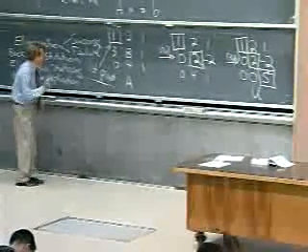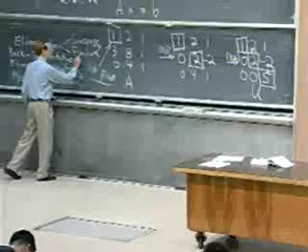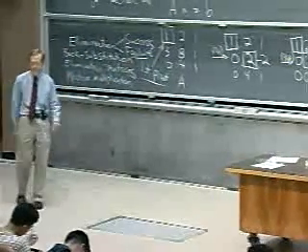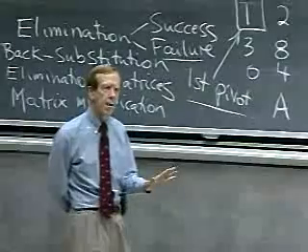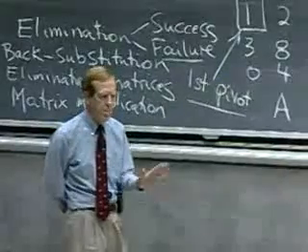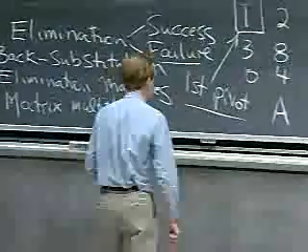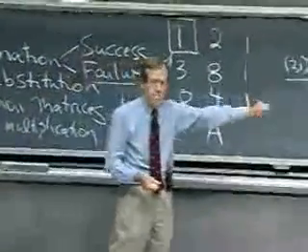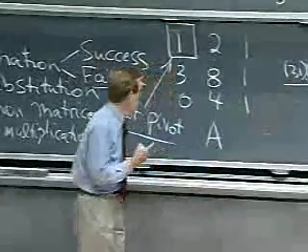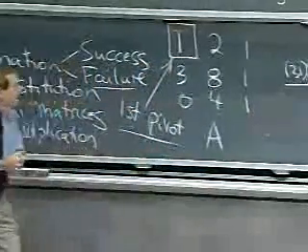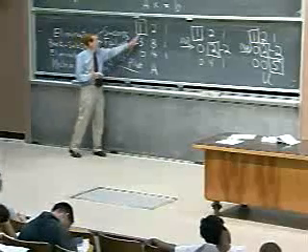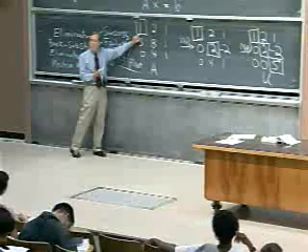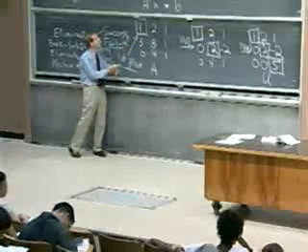Now, let me talk about failure for a moment, and then come back to success. How could this have failed? By fail I mean fail to come up with 3 pivots. There are a couple of points. I would have already been in trouble if this very first number here was 0. Suppose that had been a 0.